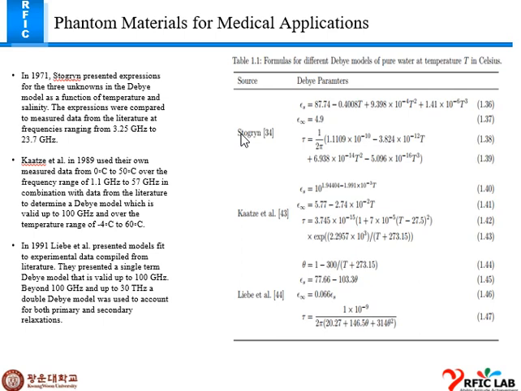The next one used its own measured data from 0.0 degrees Celsius to 50 degrees Celsius over the frequency range of 1.1 gigahertz to 57 gigahertz, in combination with data from literature, which is valid up to only 100 gigahertz over a temperature range of minus 4 to 60 degrees Celsius.